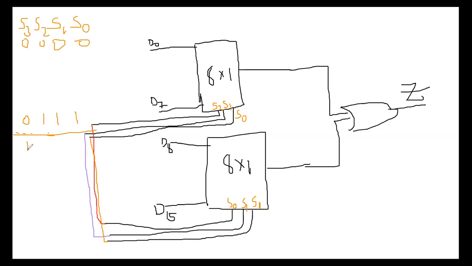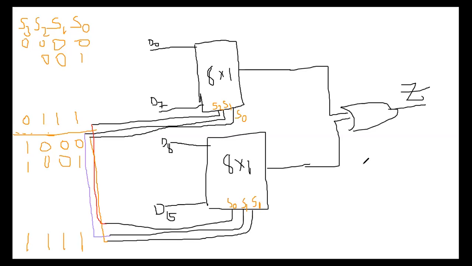In the second case, the binary of 8 is 1, 0, 0, 0, then 1, 0, 0, 1. So the same options 0, 0, 1, but from 0 to 7 the S3 is 0, and from 8 onward the S3 is 1. The remaining are the same, up to 1, 1, 1, 1.